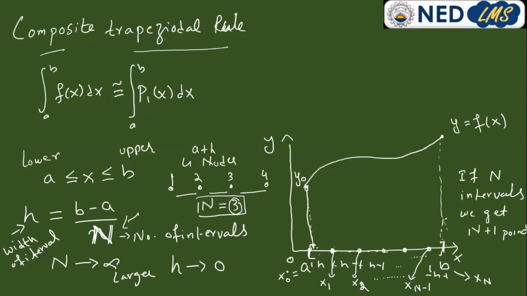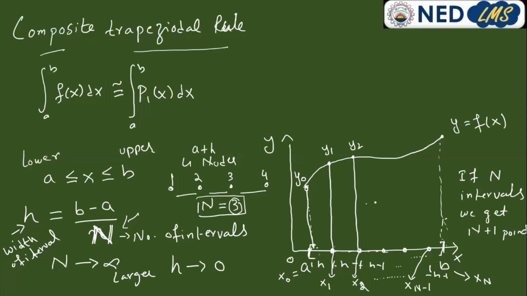Very simple. I will put x naught in this function, and I will get y naught. Similarly, if this is x1, which is known to me, I can put x1 in this function, that is the integrand, and I will get the height, and that height is y1. Similarly, I will put x2 here, and I will get the height for this interval as well.